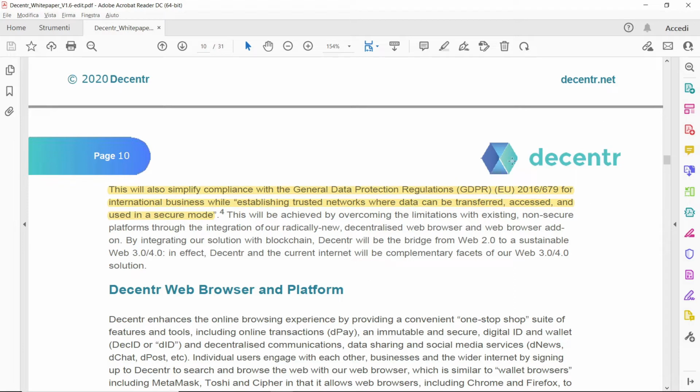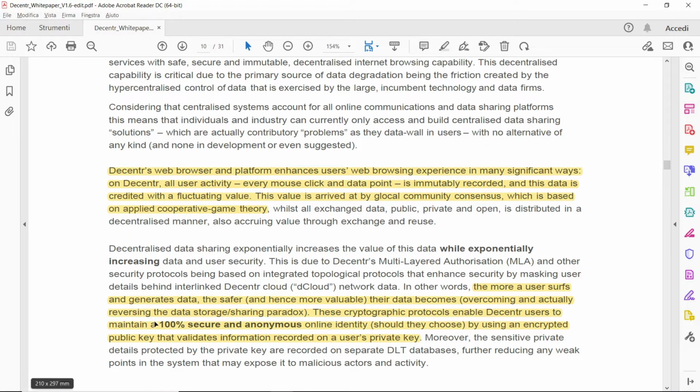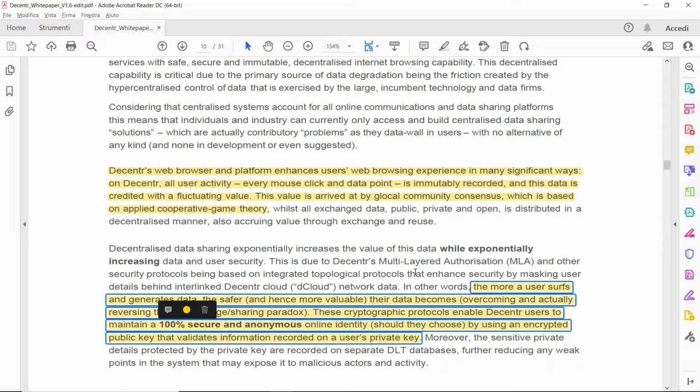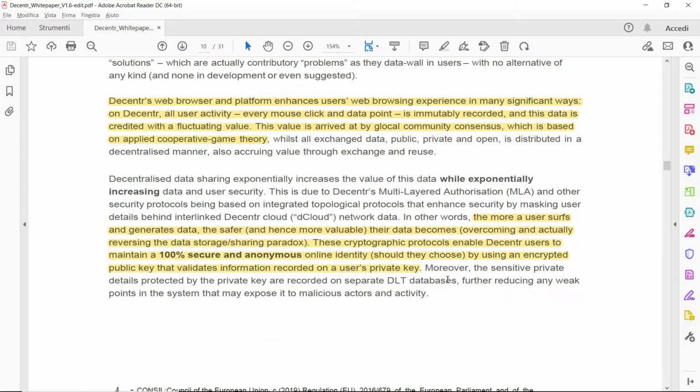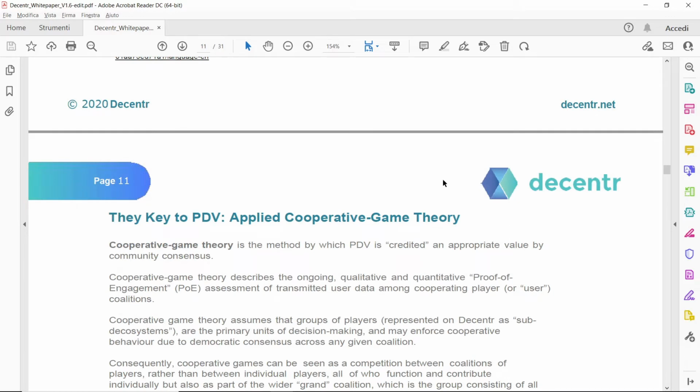So actually Decentr could be one of the first browsers which the European government itself suggests to use, thanks to its great privacy protection policy. So now that we've seen that for privacy users, this is the best web browser ever because it is 100% secure and anonymous until we give them the right to access our data, let's see about earning some money.